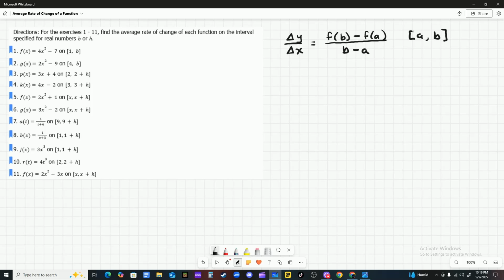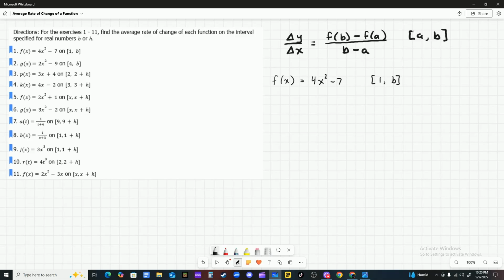The first problem is number 1, and we have f of x is equal to 4x squared minus 7, and the interval they give us in this case is from 1 to b. So let's use our formula to find the average rate of change.